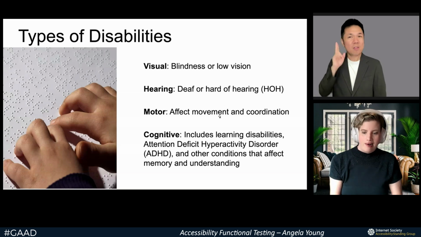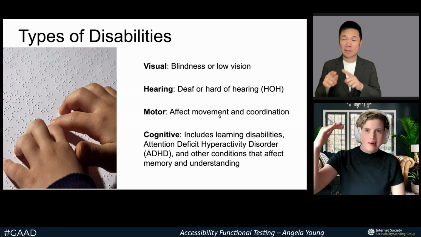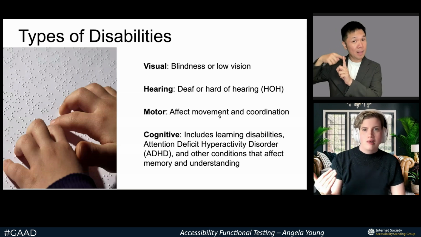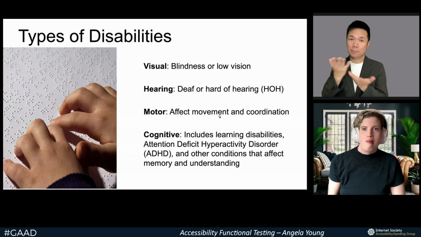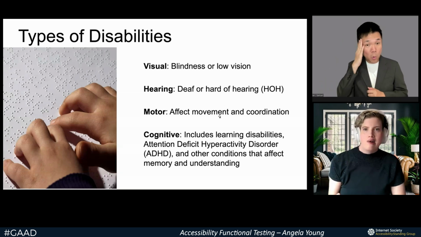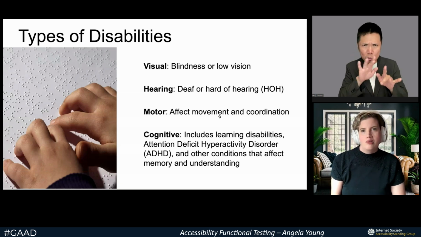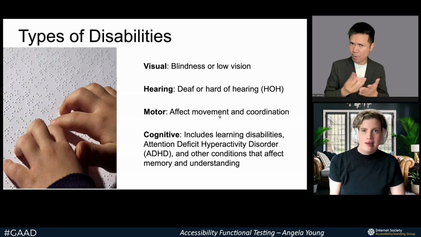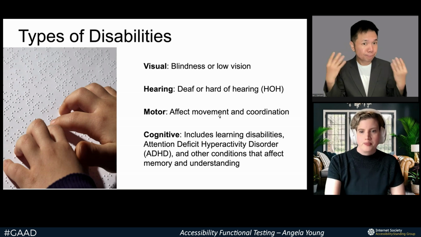There are medical definitions for each of those categories, like when you're hard of hearing and how much hearing loss you have before you become what is considered clinically deaf. But anytime you're accounting for someone who might have a hearing deficit, you want to think about your website, and if there is an audio component, are you using that audio component solely to relay information, or are you relaying information in other ways in addition to that audio component?